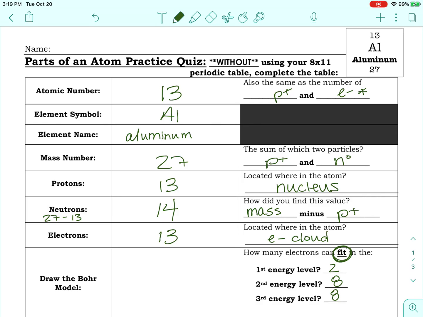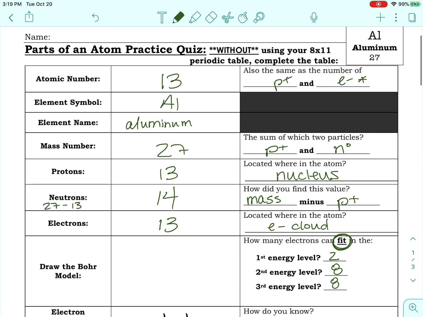Okay? So our Bohr model, we're going to need to draw some circles. Okay. In the nucleus, you can put that there are 13 protons and 14 neutrons. And then we're going to go ahead and draw our rings, our energy levels.